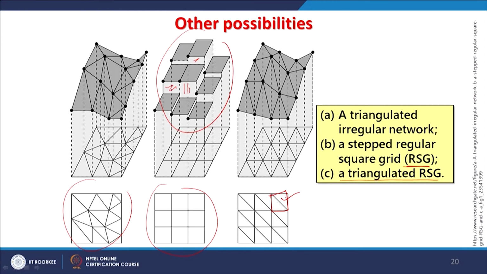But if we go for this RSG model, then everything is fixed. So that has to be carefully evaluated before you go for this kind of approach. So this brings to the end of this discussion about the TIN and raster, and a little bit of comparison I also did with your vector.